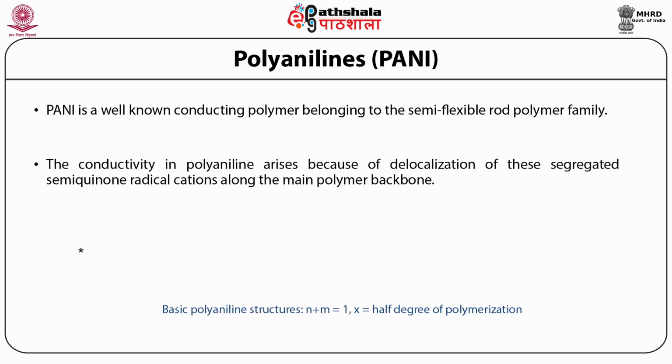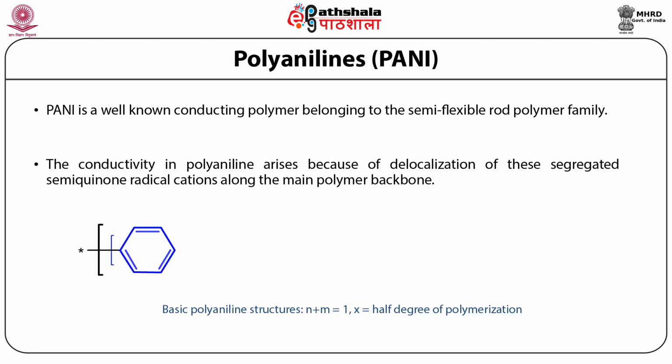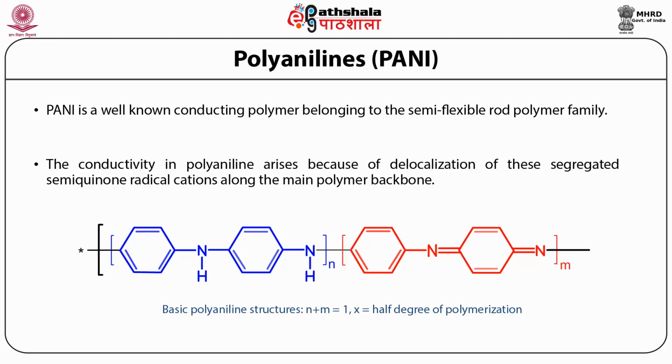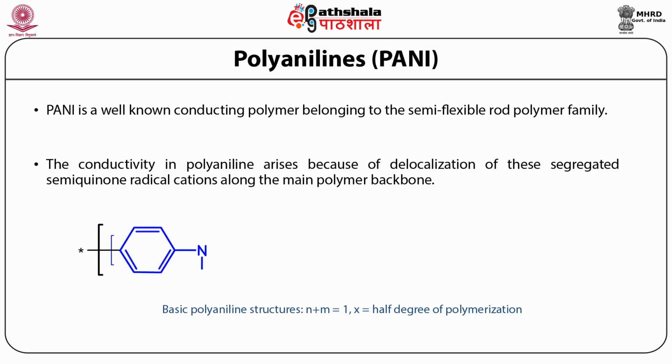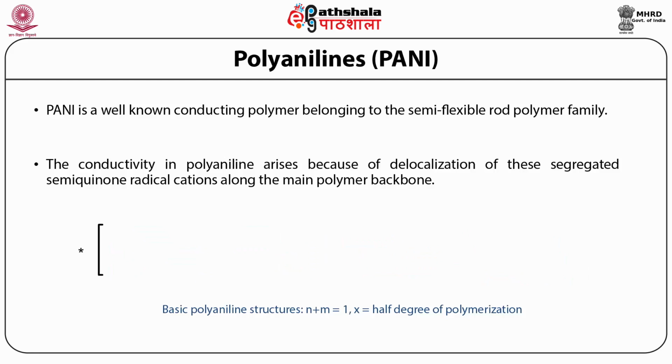The conductivity in polyaniline arises because of delocalization of the segregated semi-quinone radical cations along the main polymer backbone. This figure shows the basic polyaniline structure where n plus m equals 1, and x is the degree of polymerization.